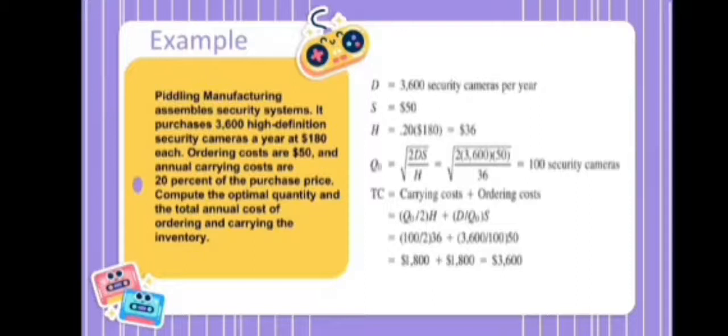So TC, or total annual cost, is equal to carrying cost plus ordering cost, which is equal to Q0 over 2 times H plus D over Q0 times S, which is equal to 100 over 2 times 36 plus 3,600 over 100 times 50, which is equal to 1,800 US dollars plus 1,800 US dollars, which is equal to 3,600 US dollars. That is the total annual cost.